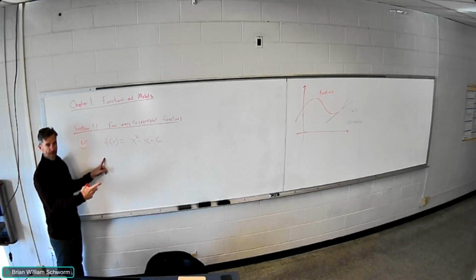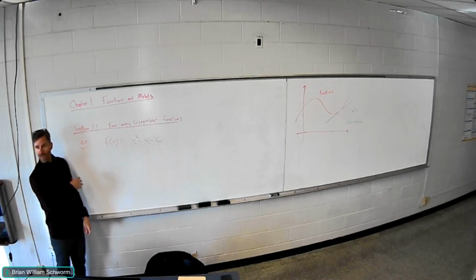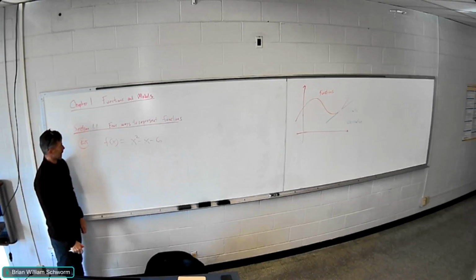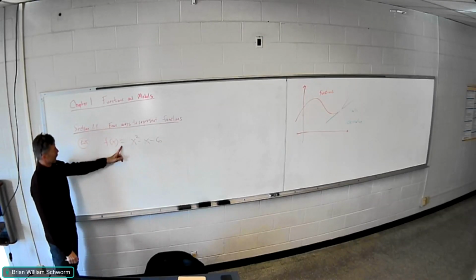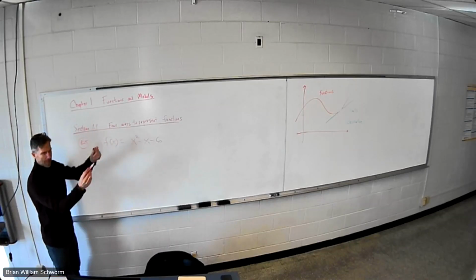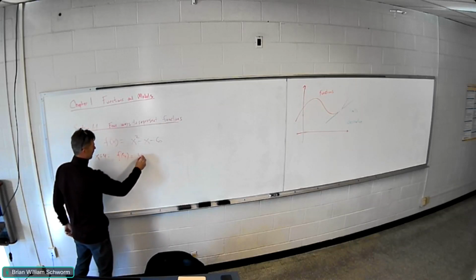The idea with the function is that you plug in some number and you calculate some related number. And this formula will do that for you. For example, if I plug in, I don't know, randomly pick a number, let's say 4. I plug in 4.